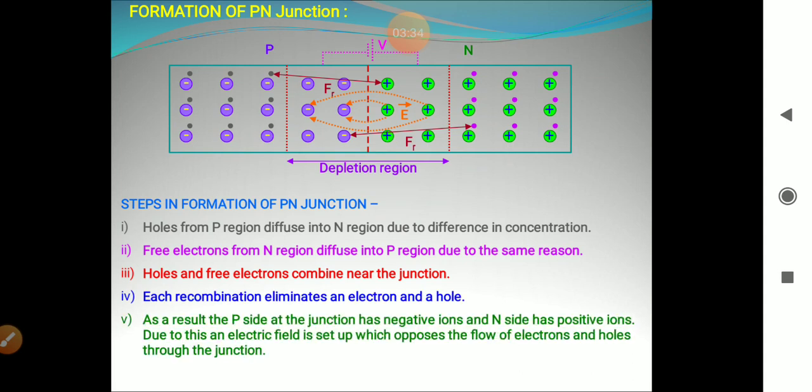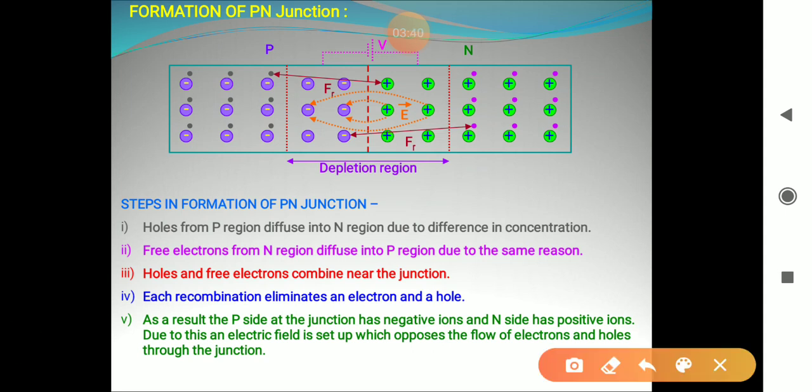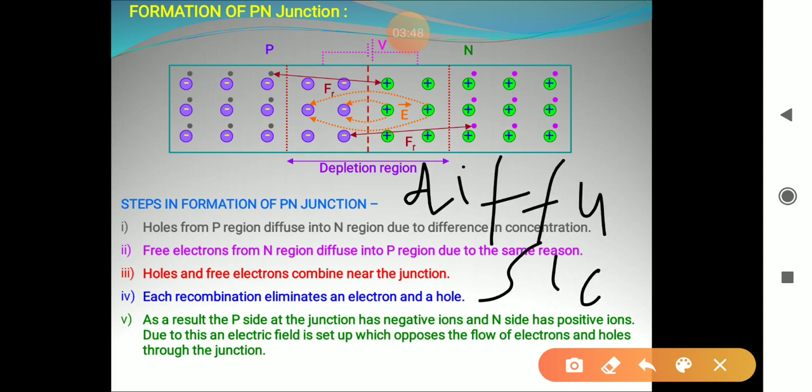Now the current due to flow of majority charge carriers is called diffusion current. Diffusion, because it is happening due to diffusion, so diffusion current. And current due to flow of minority charge carriers is called drift current. Drift.